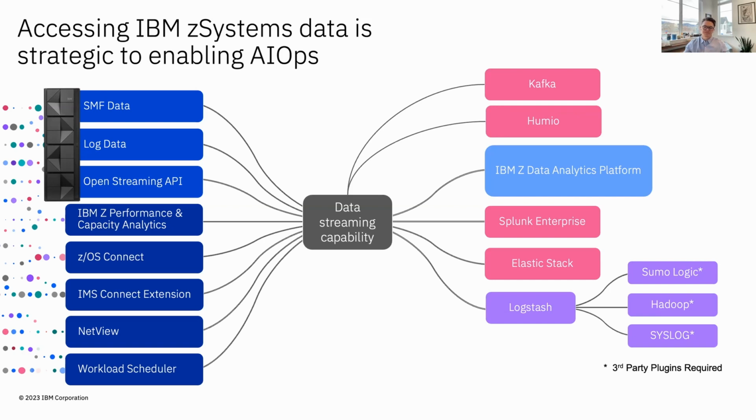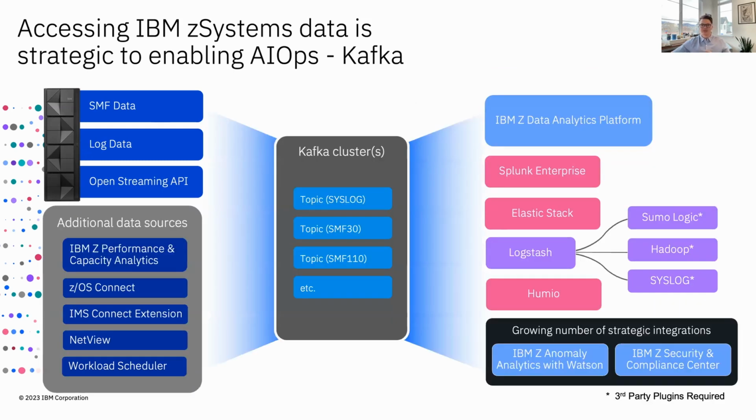To take it a step further, and to show where we have gone in the last year and where we're continuing to invest, is also enabling a Kafka or a central data lake architecture. This is an optional deployment method, but having Kafka sit in the middle, essentially we're able to collect all of this data.